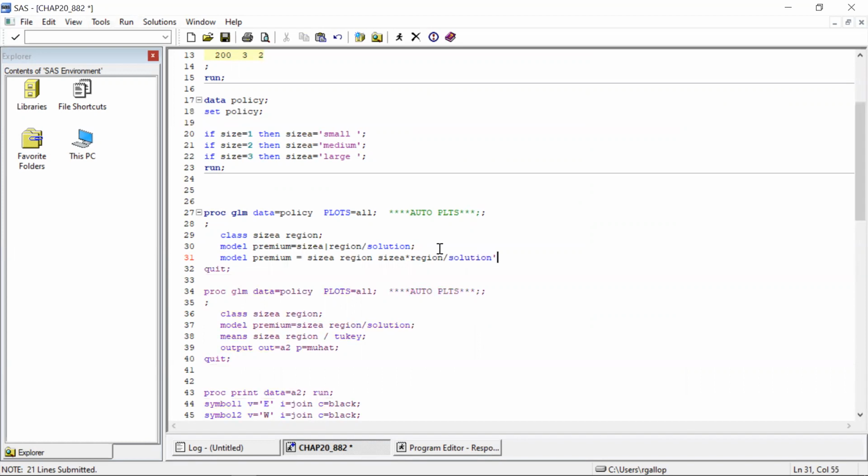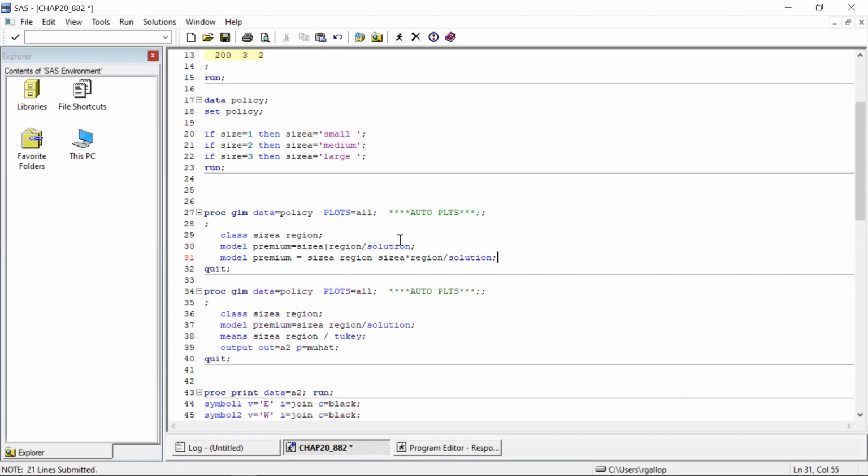SAS just interprets this as this, right? Whether you use line 30 or line 31, it's up to you. Some people like line 30 because it's more compact, but basically this is just saying the factorial design for those two factors, which means we model the two main effects as well as the interaction.